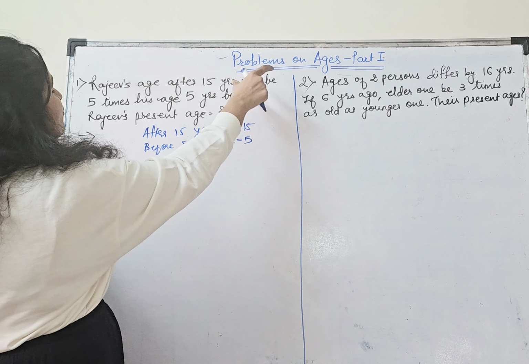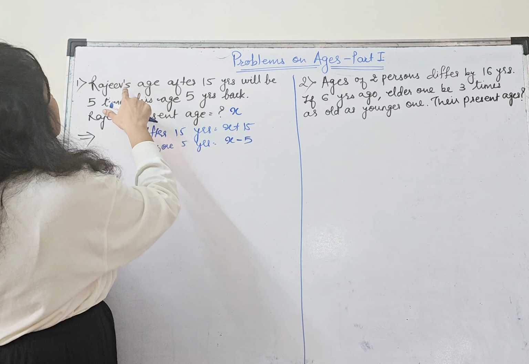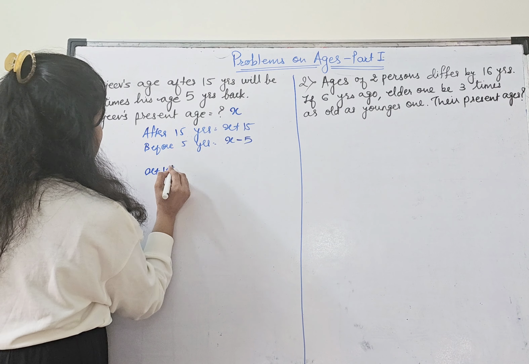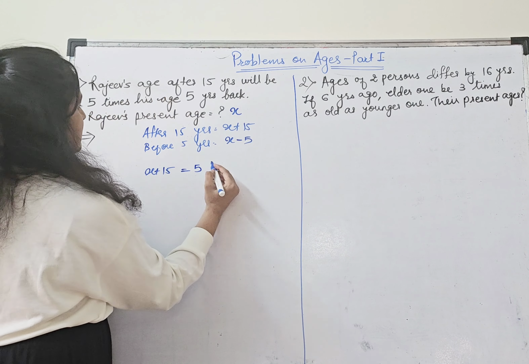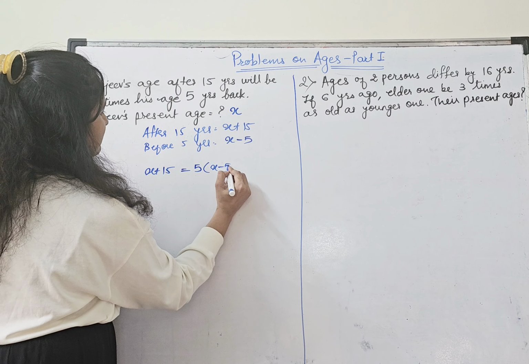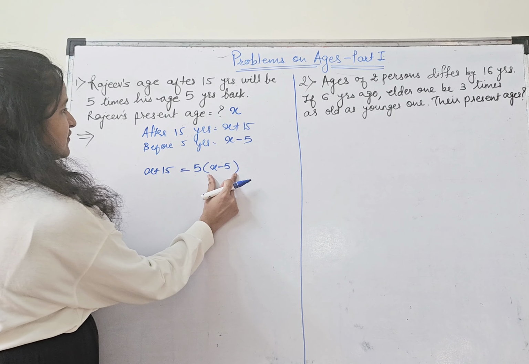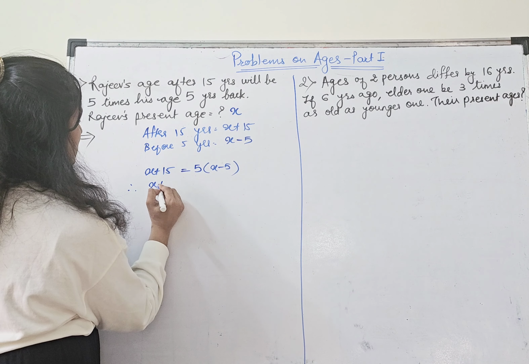So yeah, now we will combine these two and we will see the complete statement. Rajiv's age after 15 years will be 5 times his age before 5 years. This is the statement. Age after 15 years, age before 5 years and 5 times. Correct? Yeah. Straightway solve this.